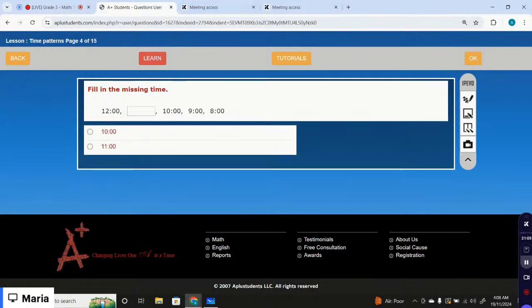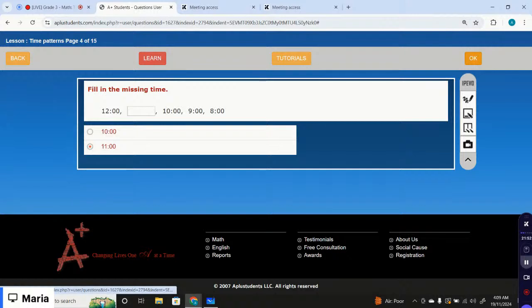Fill in the missing time, which is the correct option. The correct option is 11.